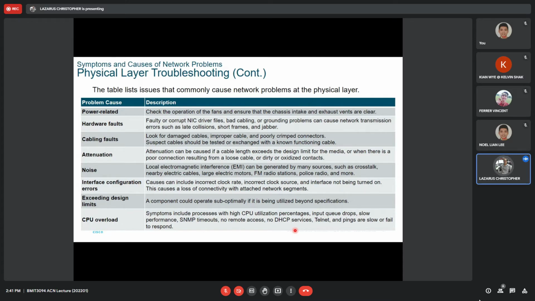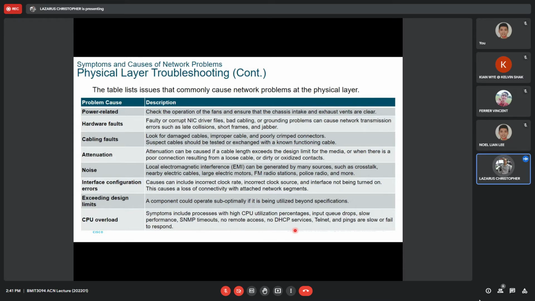Attenuation means you go beyond the limit of the cable length. If we say the theoretical limit is 100 meters, don't go ngam, leave a little bit, because in the real world you can't really reach that length.